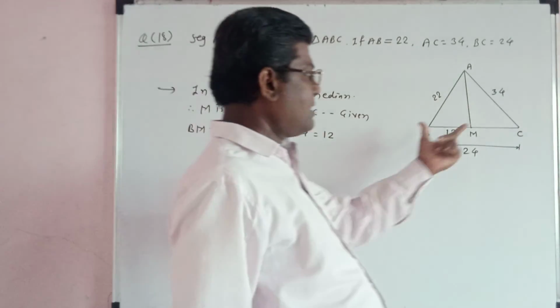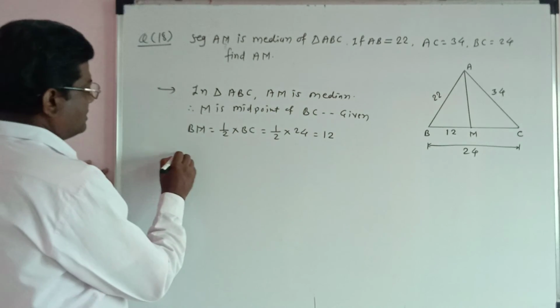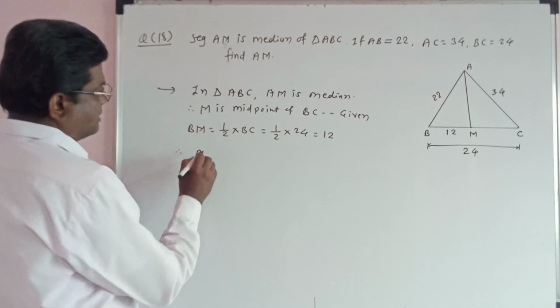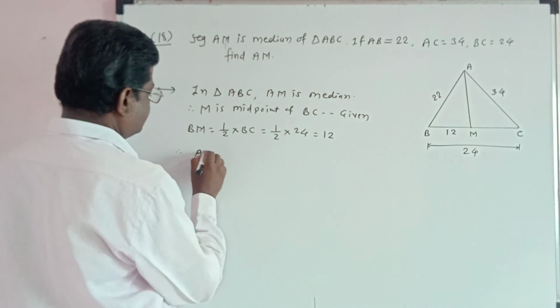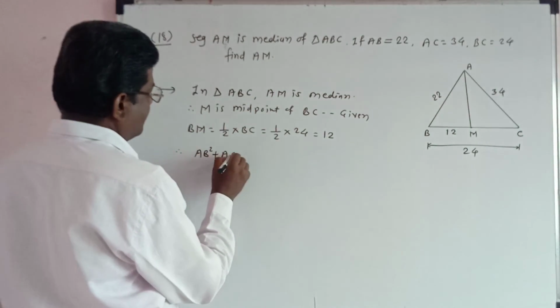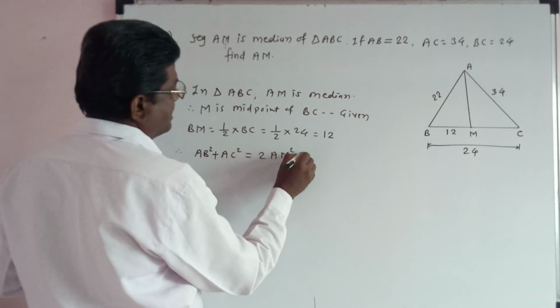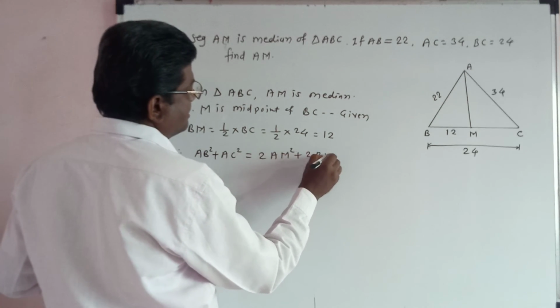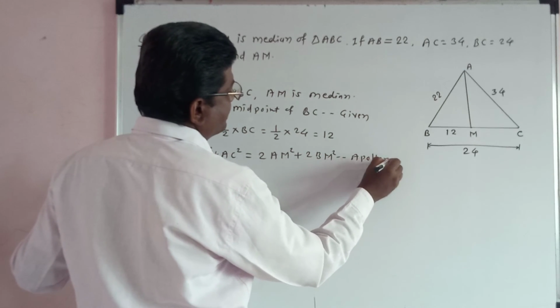So we can apply Apollonius theorem for this triangle. This theorem is: AB square plus AC square is equal to 2 into AM square plus 2 into BM square.